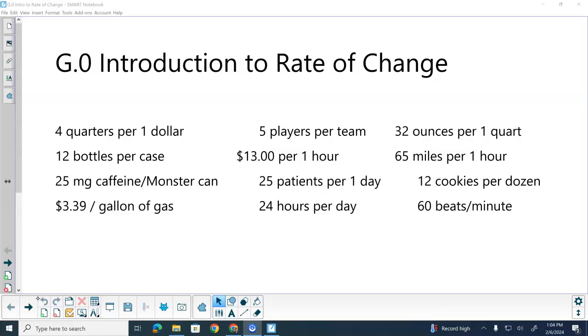What can you tell me about all 12 of them? Give me a blanket statement for all 12. So there's something per something else, right? But not 12 cookies per dozen. Well, I suppose one dozen.